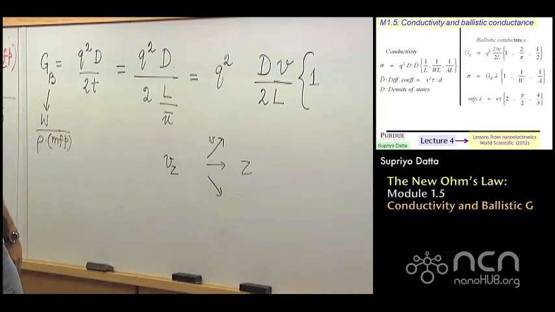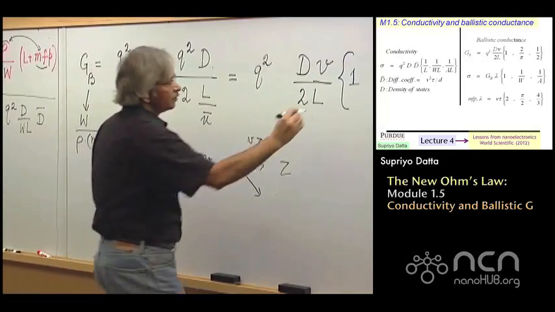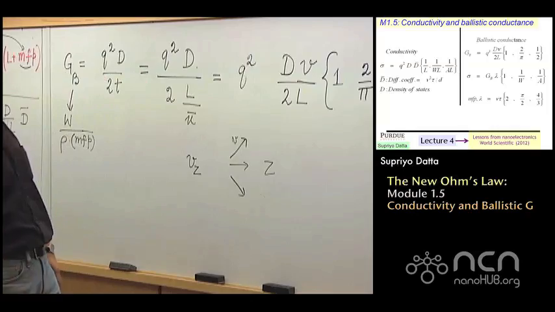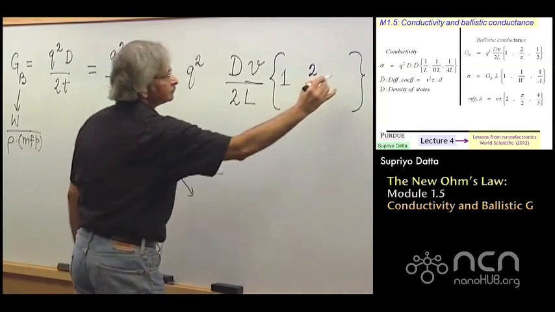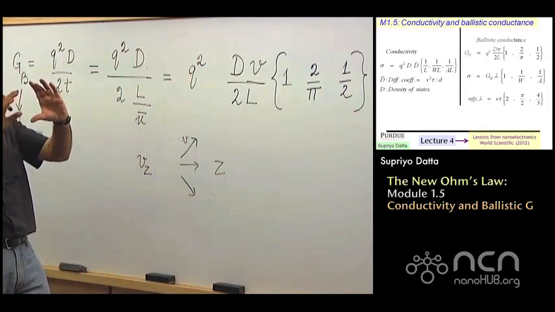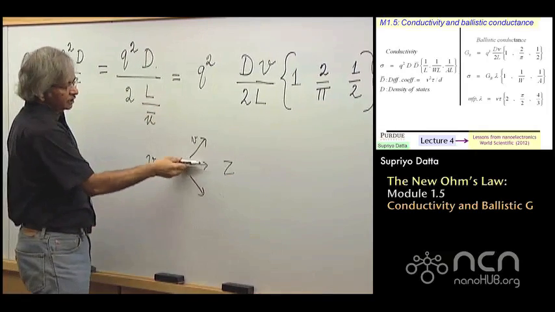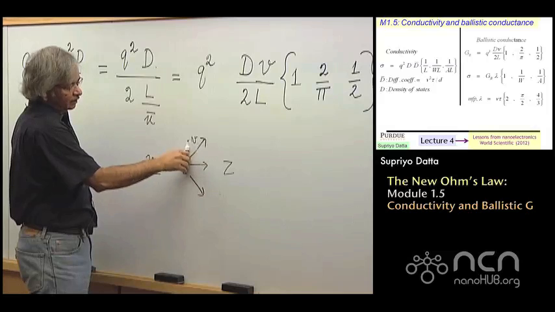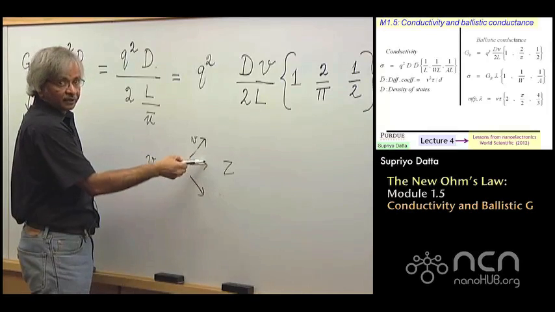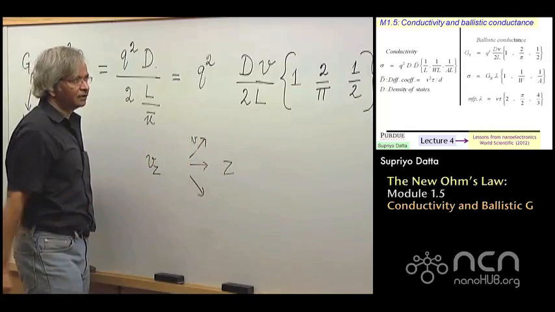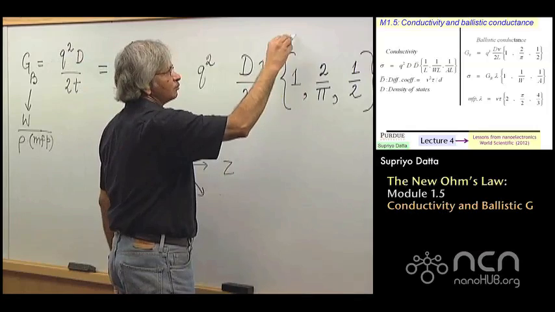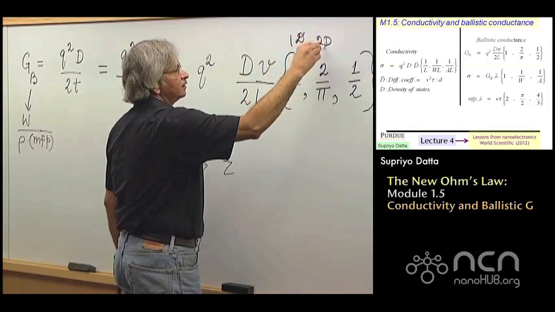If you average over 2 dimensions, you'll get this 2 over pi. And if you average over 3 dimensions, you'll get a half. Three dimensions meaning you have not only things going at different angles in this plane, but also at different angles in this plane. So if you did all that averaging, you'd get a half. So those are the three results, 1D, 2D, and 3D.